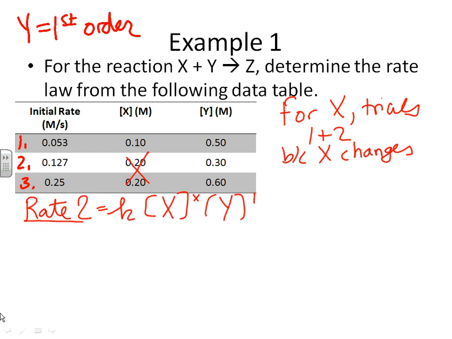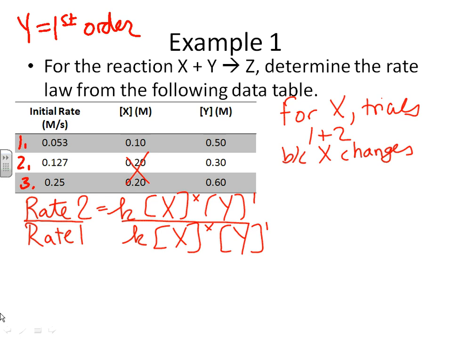I am now going to divide both sides by the rate law based on trial 1. Rate 1 equals k times x raised to the x times y to the first. What I've done is I've written a rate law for trial 2, I've written a rate law for trial 1, and I am dividing them. This is allowing me to compare basically the data that's in trials 1 and 2.